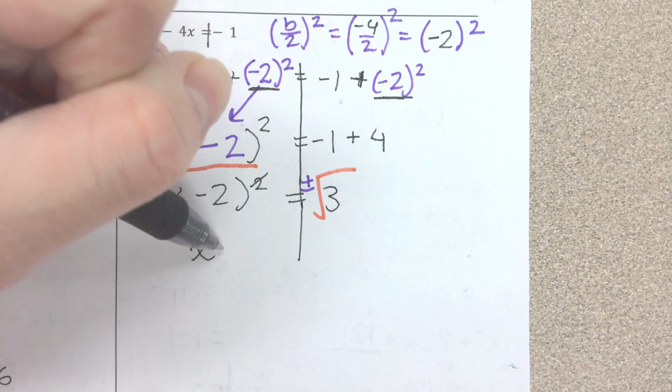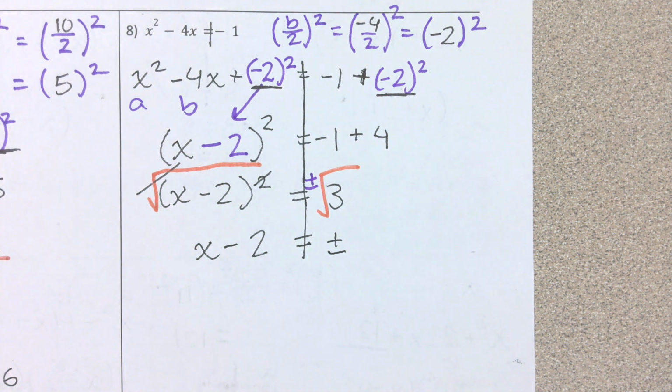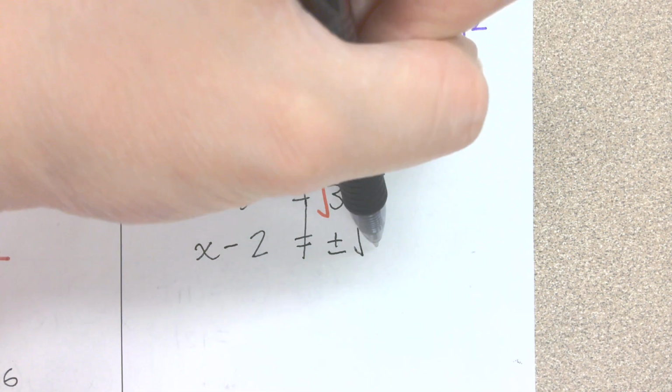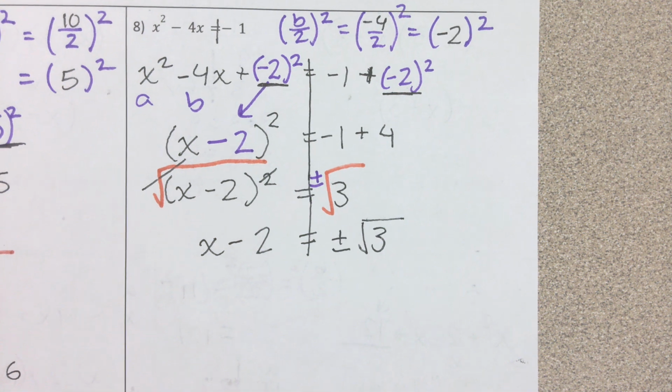So now we have x minus 2 equals plus or minus, what's the square root of 3? It's not nice, whatever it is, it's a decimal. So leave it as the square root of 3. Only square root it if it is a nice perfect whole number, which we will not get here, so leave it.